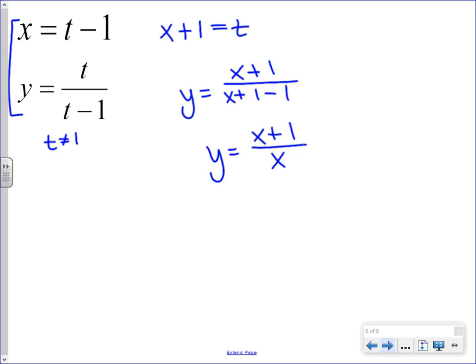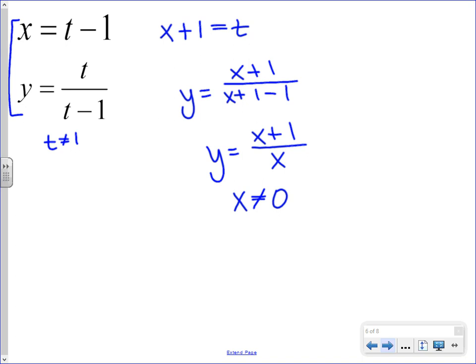We have to be careful because we can't have x equaling 0. What I want you to notice is that when we plug in 1 for t, we get 0 for x. So in our parametric equations, t cannot be 1, which corresponds to our rectangular equation, x cannot be 0.